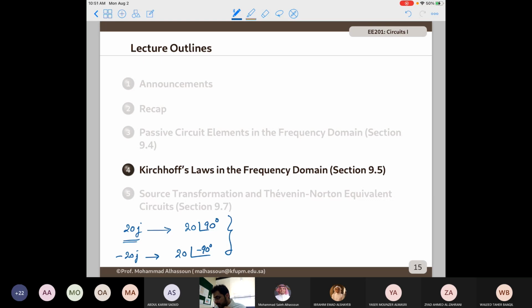If you have, say, 20, then the polar form of this one is going to be 20, the angle is 0. If you have negative 20, then the polar form is going to be 20, negative 180. Okay? It's very important. So you don't need to use your calculator.